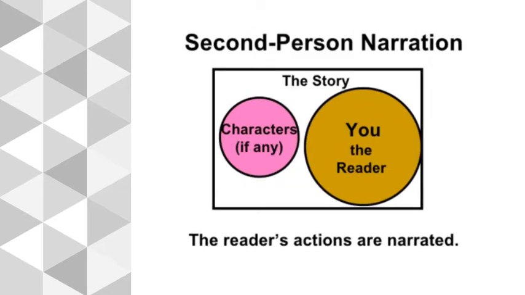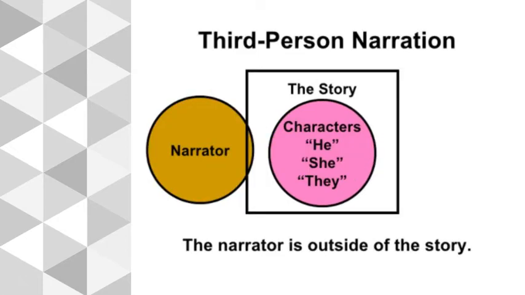Second person narration, we don't see this too often, but in this, the reader's actions are narrated. So you'd actually hear them say things like, and you'll notice, reader, that in the story, little Billy dropped the ball. For third person narration, the narrator is outside of the story. So you can take a look at the big picture from where the narrator is at. Okay, and we'll also be hearing a lot of those this week.